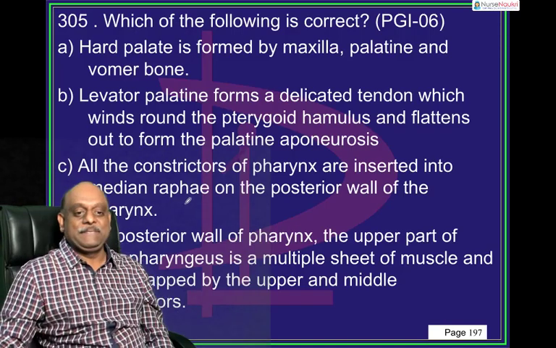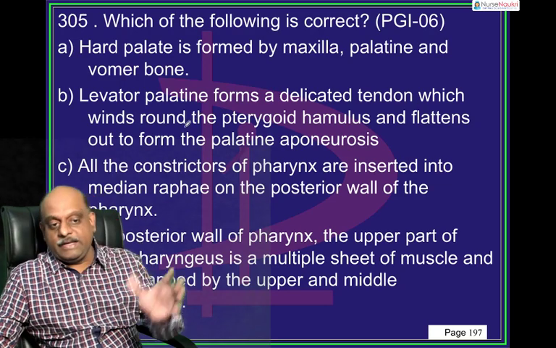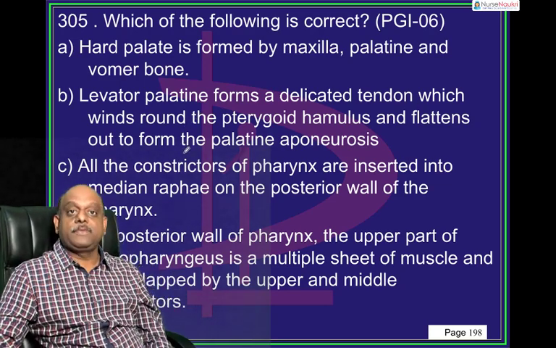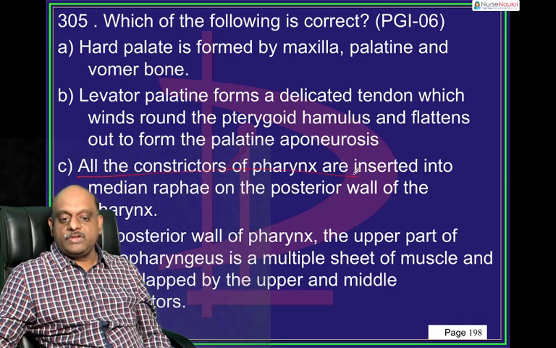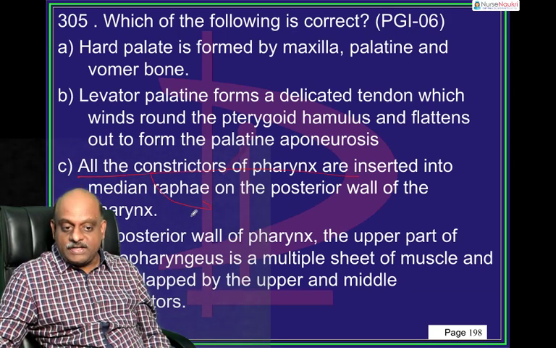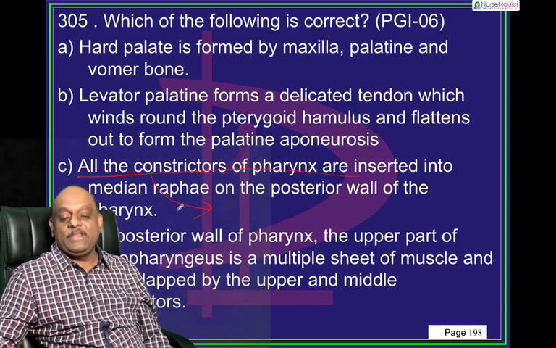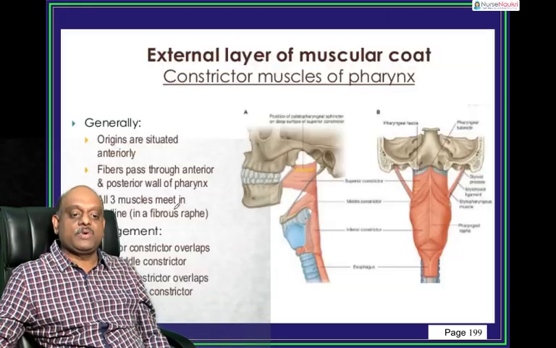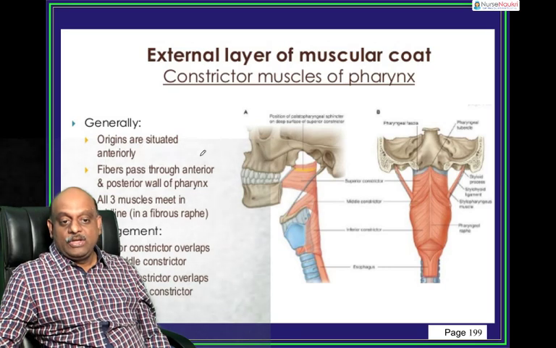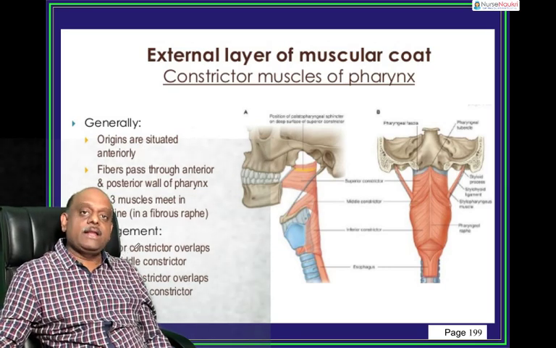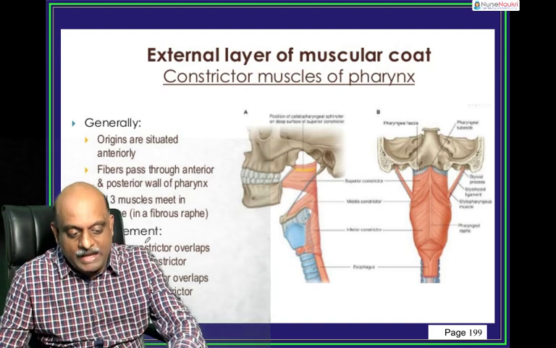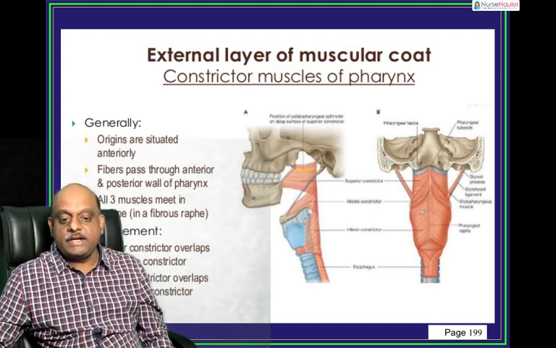Right? Now, which is a correct statement about all this? All the constrictors of the pharynx are inserted into the median raphe on the posterior wall of the pharynx, is what you need to remember. So typically, if you look at the constrictors, the inferior constrictor overlaps the middle constrictor, doctor.